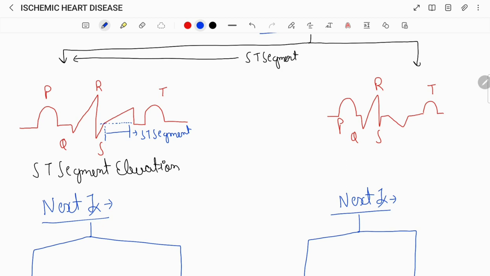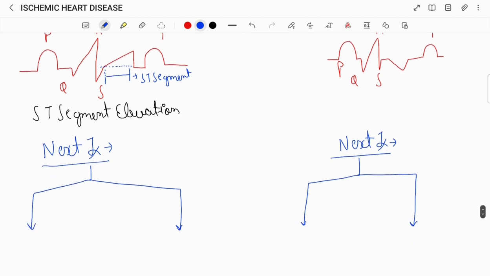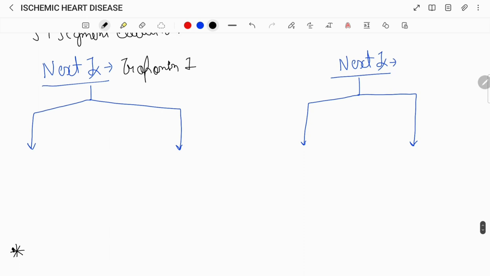Now if you see ST segment elevation, then the next investigation that you need to perform is troponin I. If the levels of troponin I are elevated, then your diagnosis would be ST elevation myocardial infarction.